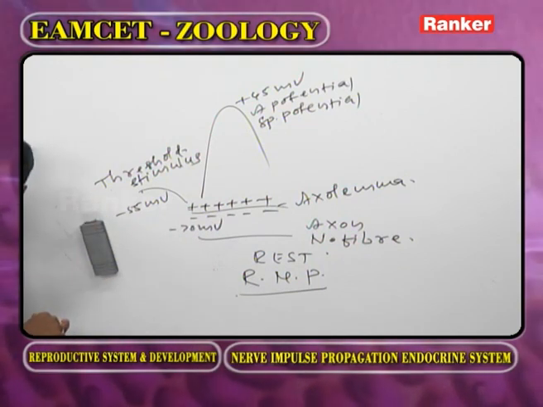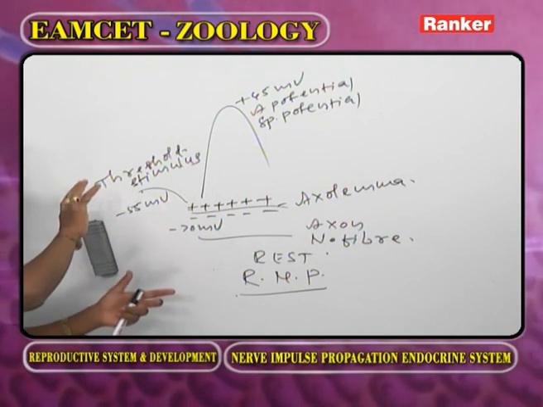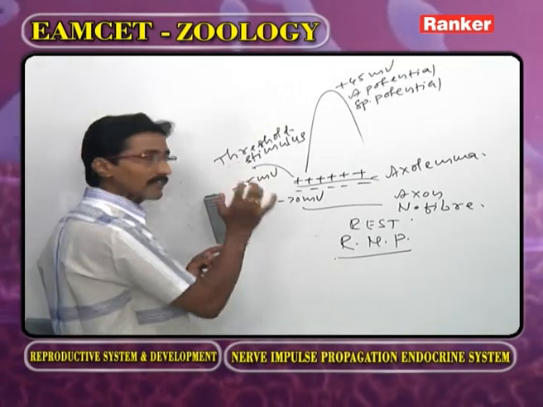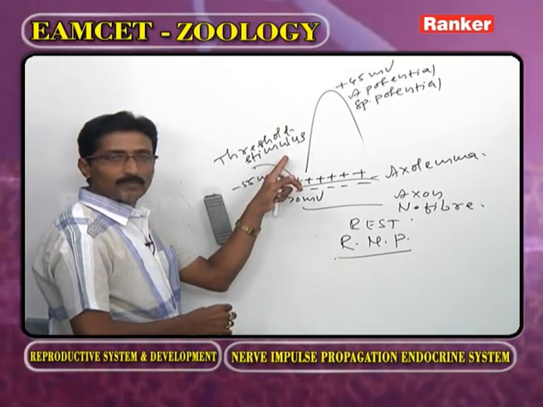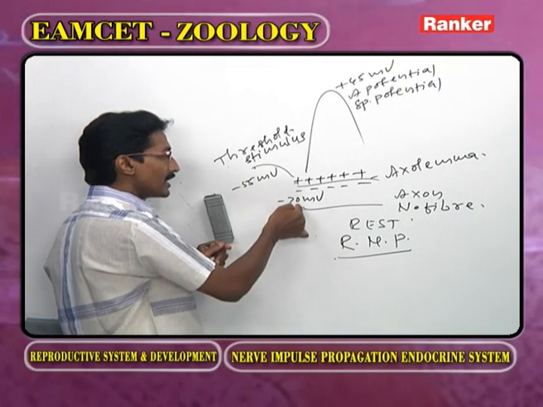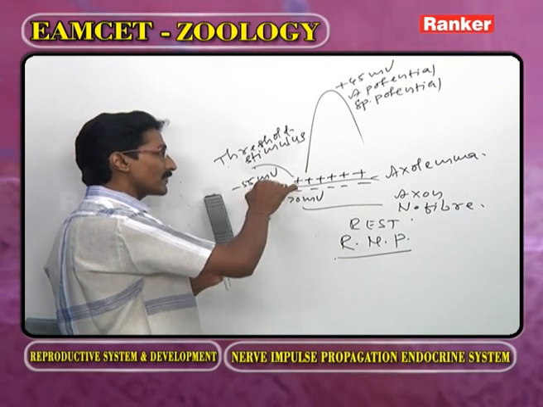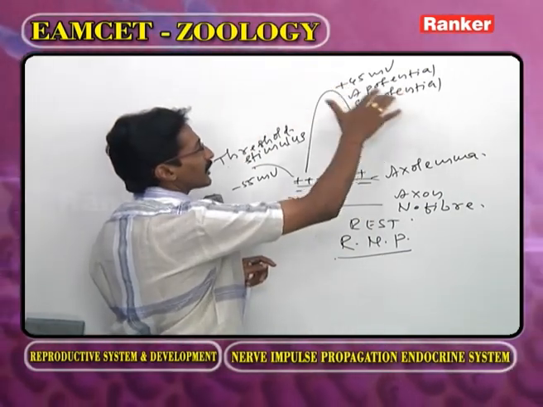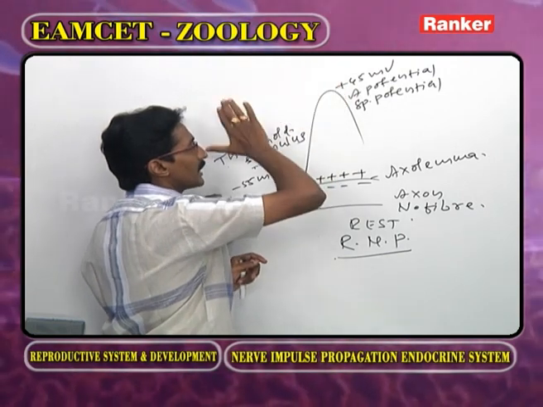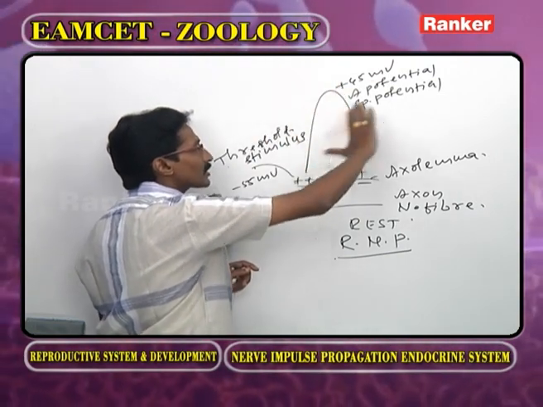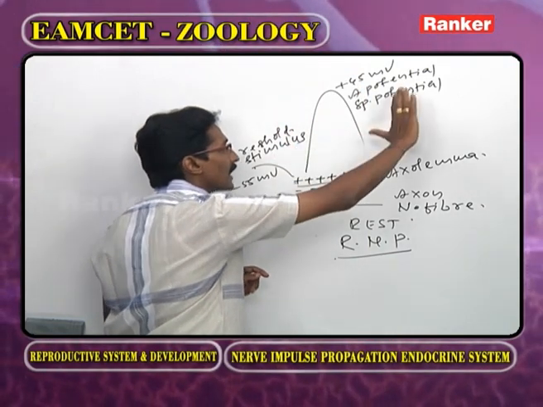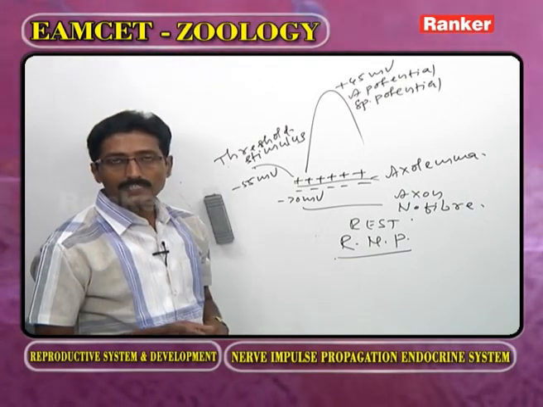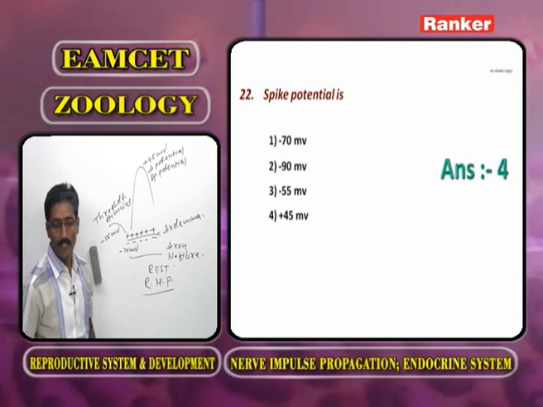Because of the threshold stimulus, minus 70 millivolts becomes minus 55 and suddenly rises up to plus 45. That we call the action potential. This potential propagates inside the axon. Now here, what is the spike potential? Plus 45 millivolts. Now we go for the next question.